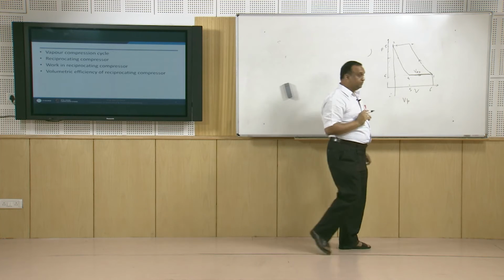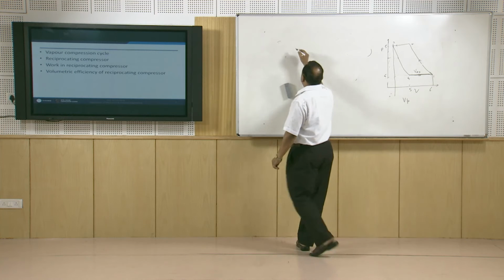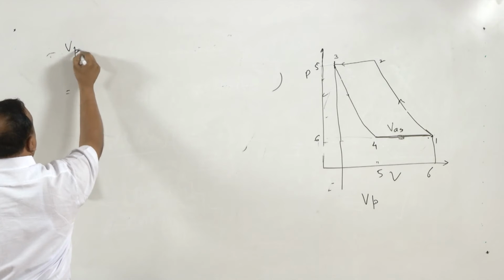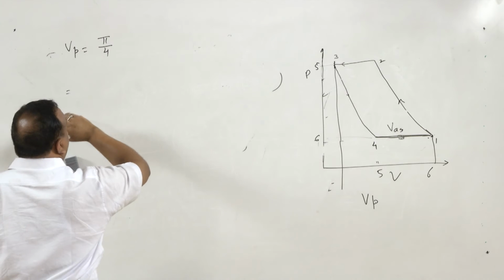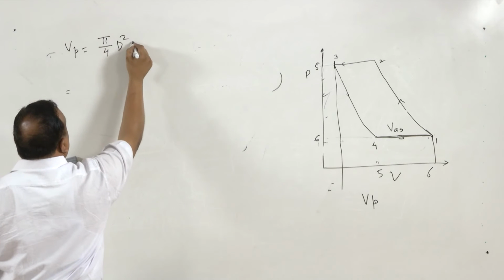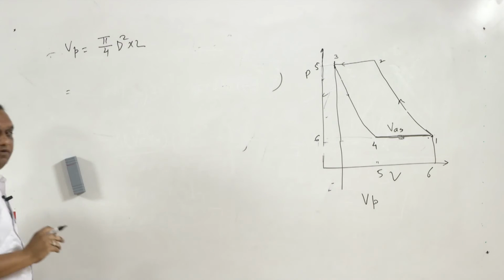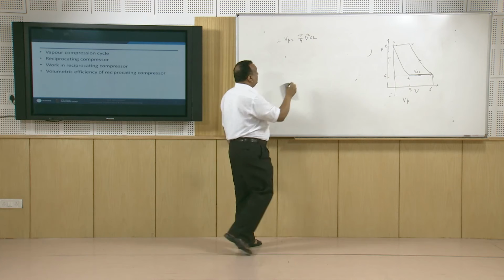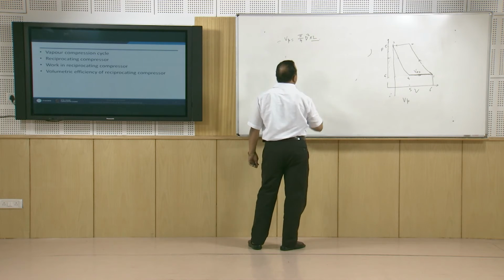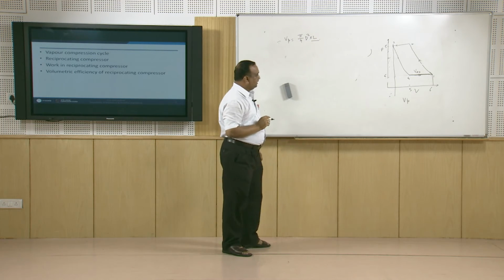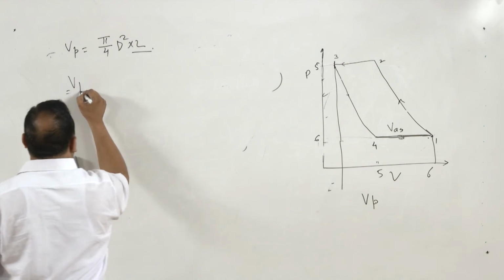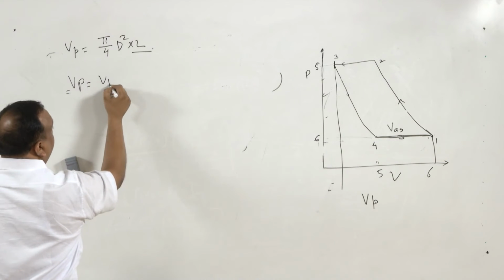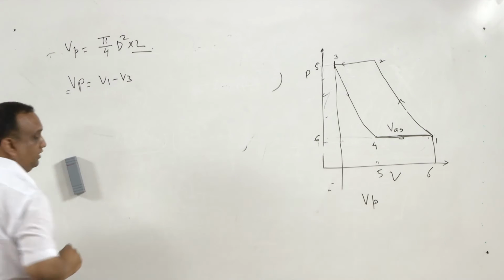So now we have two volumes. One is the swept volume of the compressor Vp, that is equal to pi by 4 d square into L. D is the diameter of the cylinder and L is the stroke of the compressor. Now this Vp is equal to, here, V1 minus V3.